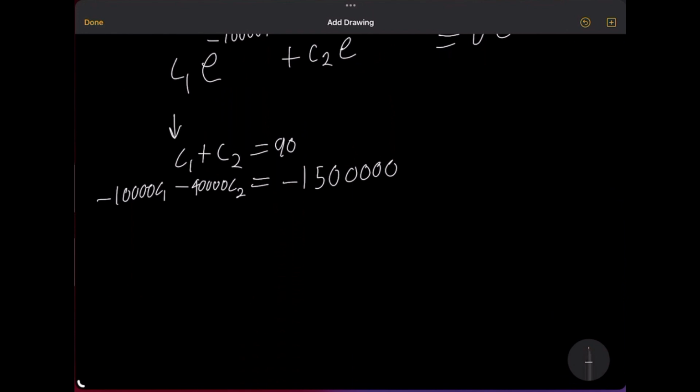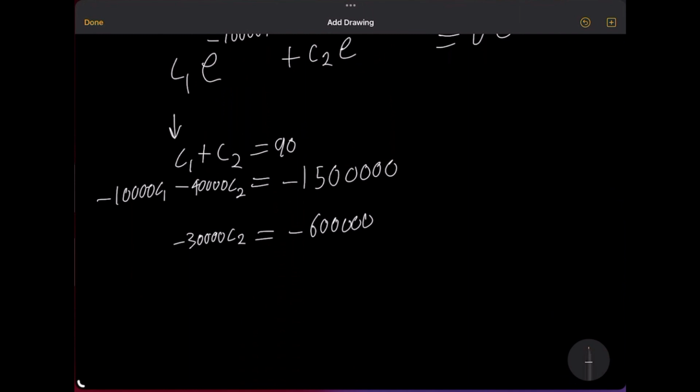Plus that negative 15 million, I think, or it might be 1.5 million. It's going to be negative 600,000. And since c2 is 10,000, it's going to be negative 30,000 c2.